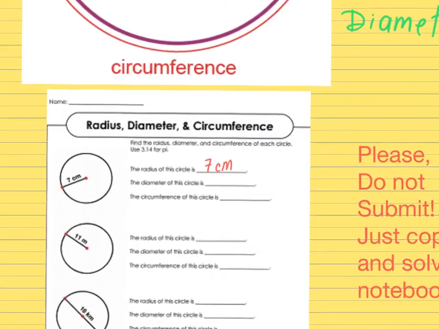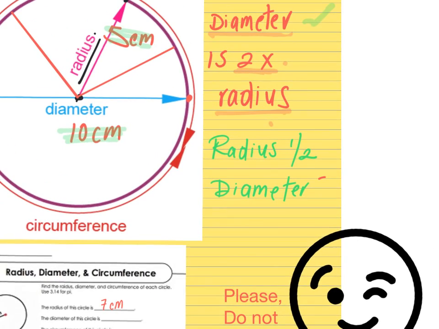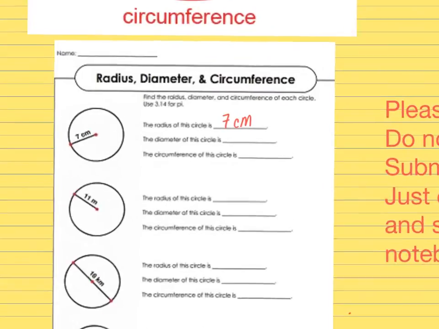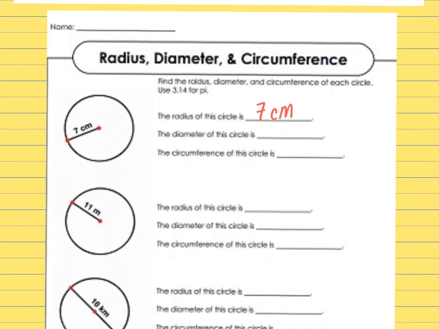And then, if you remember, the diameter is the double of the radius. So then we can answer this other question. What is the diameter of the circle? If we know the radius is 7, then the double of that will be the diameter. In this case, obviously, 14 centimeters. There you go.